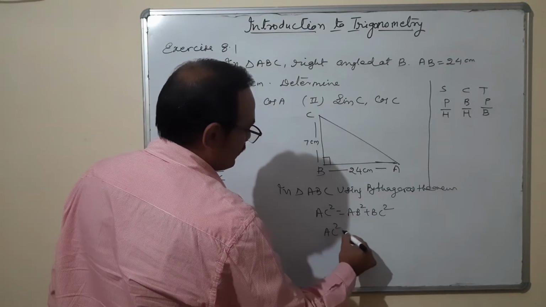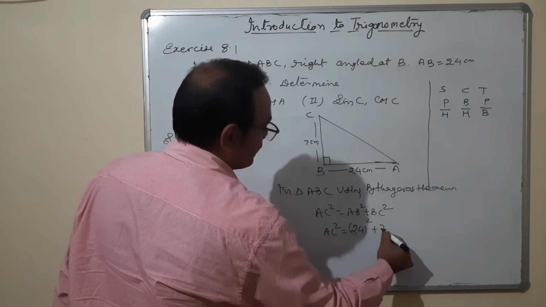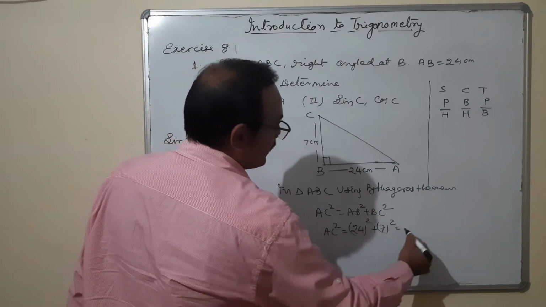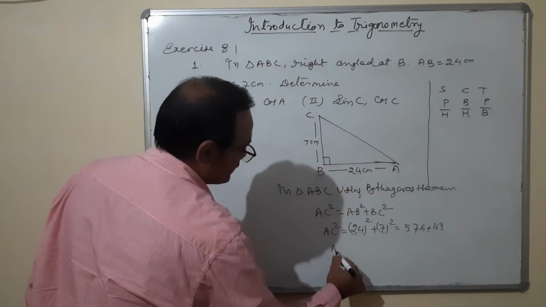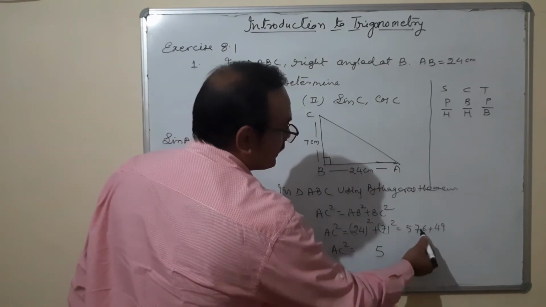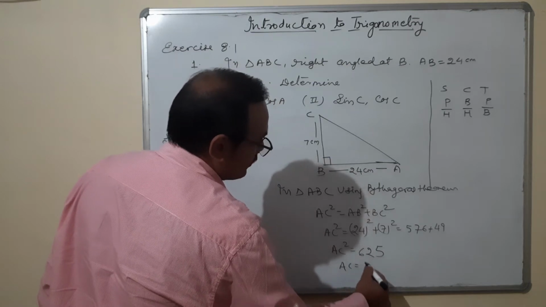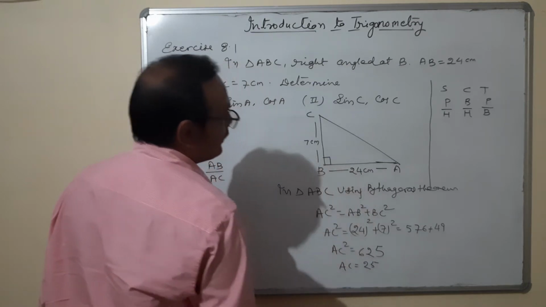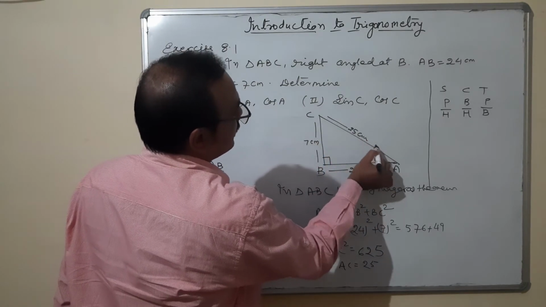AC square is equal to 24 square plus 7 square. Square of 24 is 576 plus 7 square, 49. AC square is equal to 625. So what is the value of AC? Under root 625, that means it is 25. So the value of AC is equal to 25 centimeter.